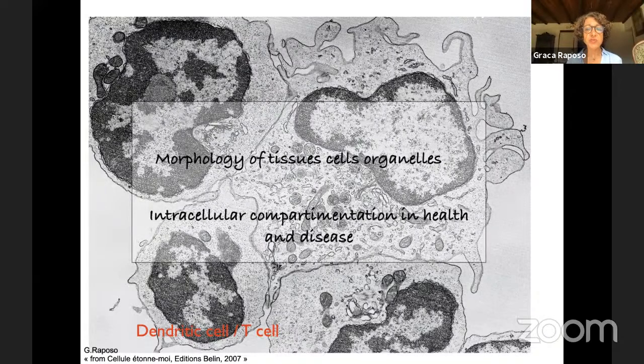And I like to show you because you can see what's inside the dendritic cell. You can see these immune synapses with the T cells, and you can even measure, with antigen or without antigen.